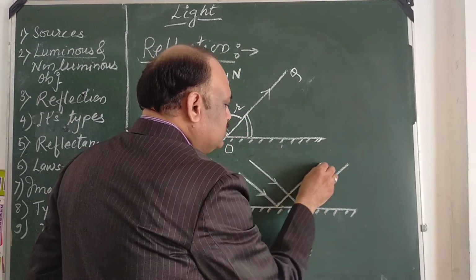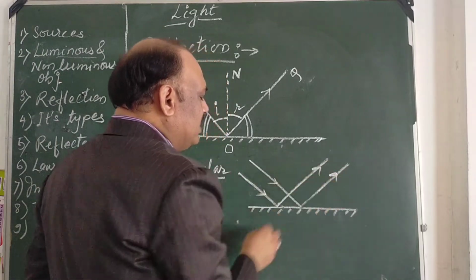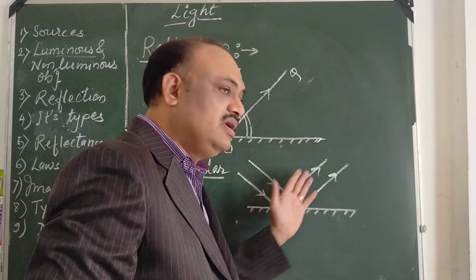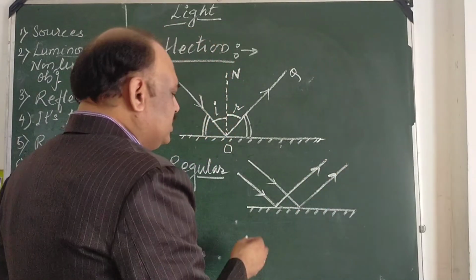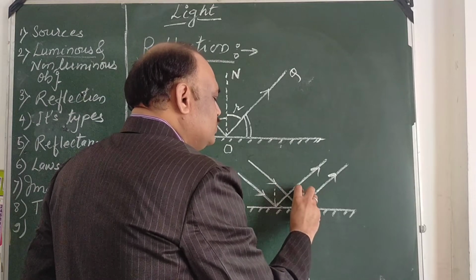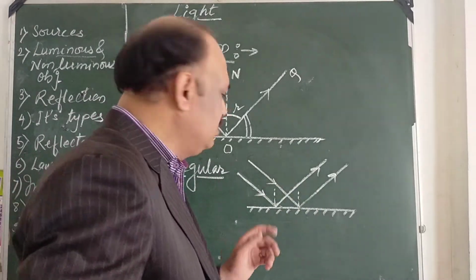So a parallel beam of light is falling on the surface and the reflected rays are also parallel to each other. Then such a type of reflection is known as regular reflection.